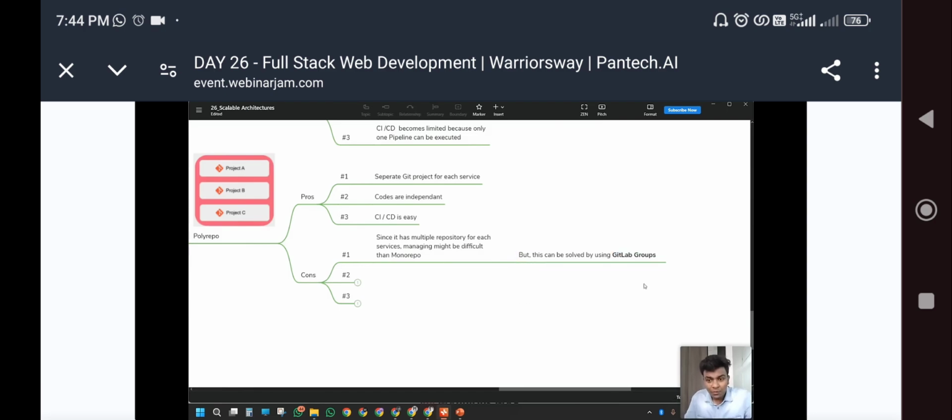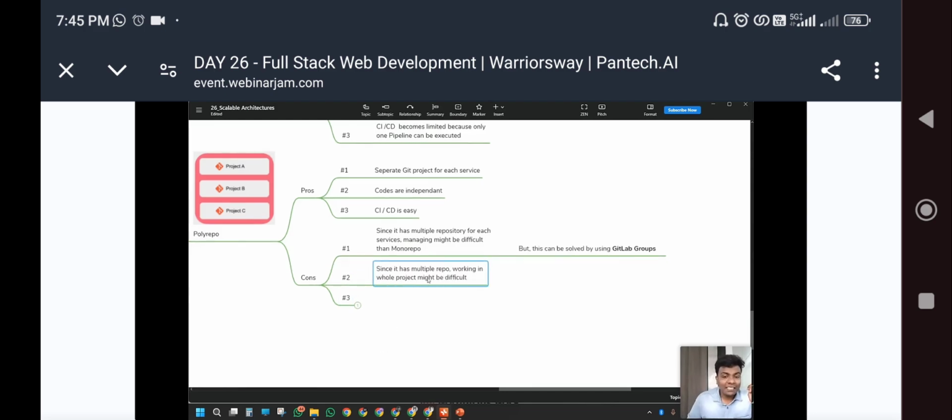By using groups, even though it is an individual repository for every individual service, you can group them together as a single unit. So whatever repos are present for the individual services are all independent, but are also grouped as the whole project, like Amazon or something, so that it can be easily maintained. That's the con.